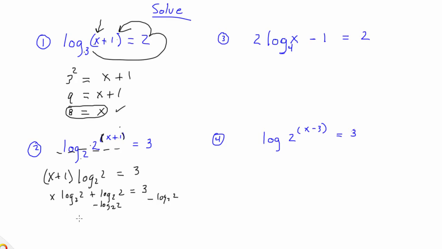Okay, so that gives me x log base 2 of 2 is equal to 3 minus log base 2 of 2. And then again, just dividing by this log on both sides completely. Okay, and this cancels that, and we get this right here.